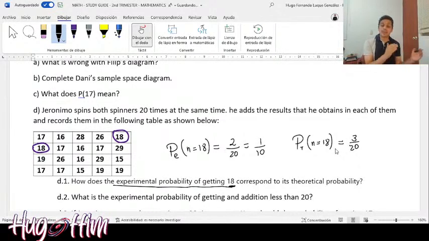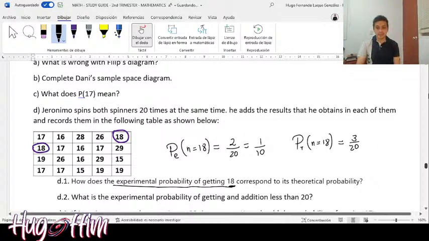And this is something that you can see here. As both fractions, 2 out of 20 and 3 out of 20, are pretty close to each other, we can say that the experimental probability corresponds to the theoretical probability.